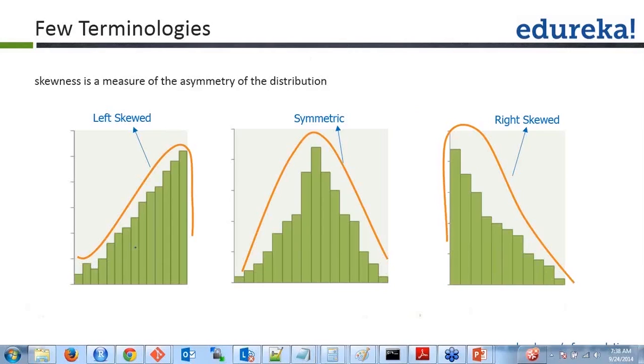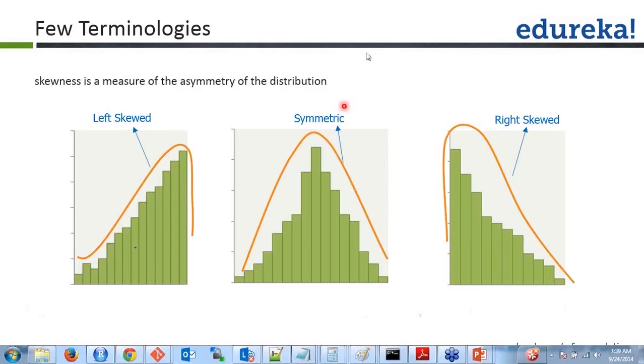The name comes from where the skew is. Here you will realize it is skewed toward a particular end.